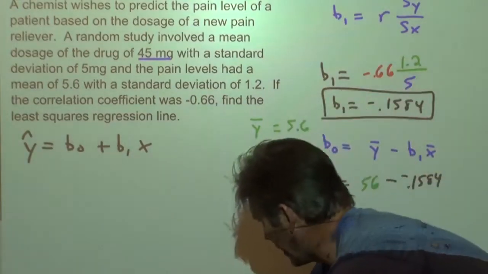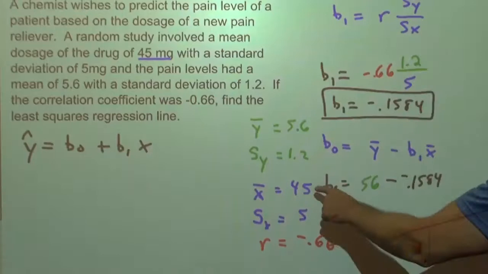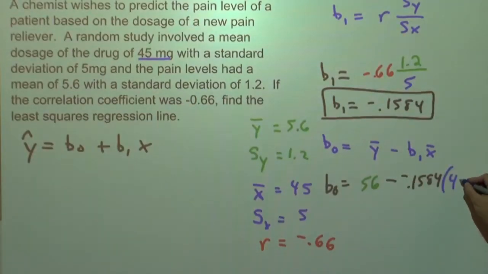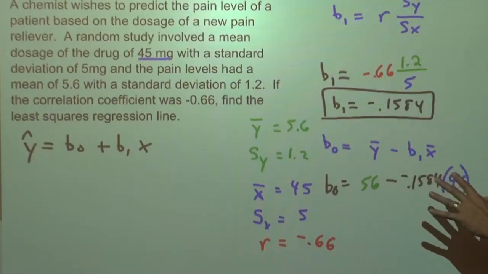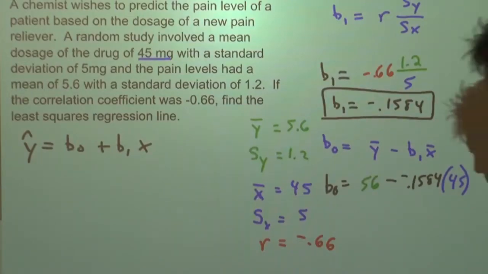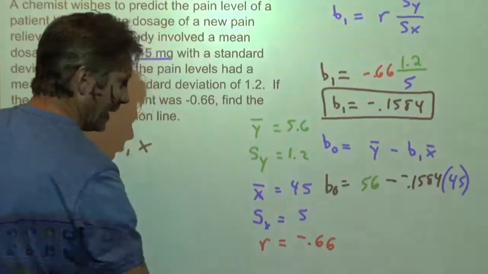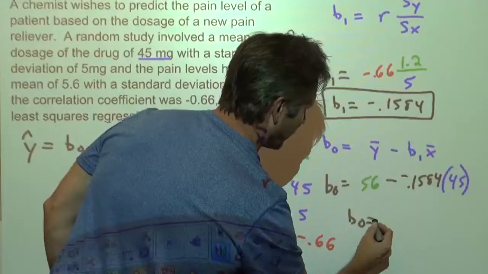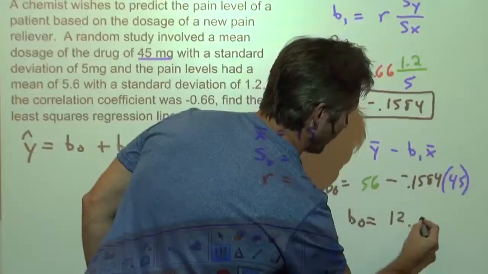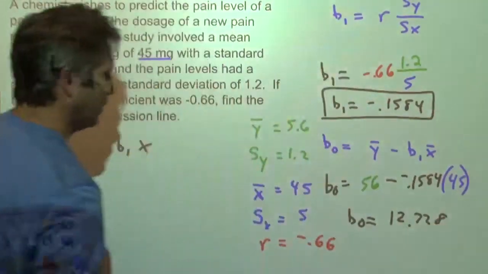And we're going to multiply that by the average of the x's, which is 45. And we might explain this formula a little bit more later, but just follow it. It's a recipe, and what you get when you do the work on that is that the y-intercept is 12.728. So there it is.